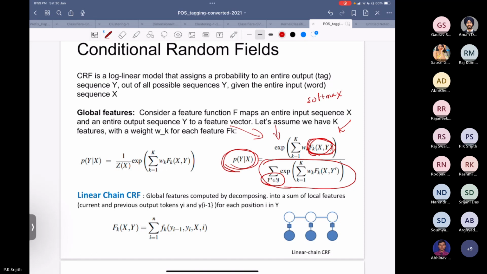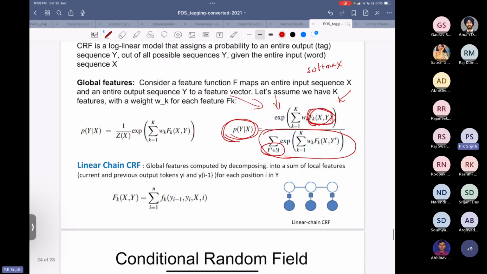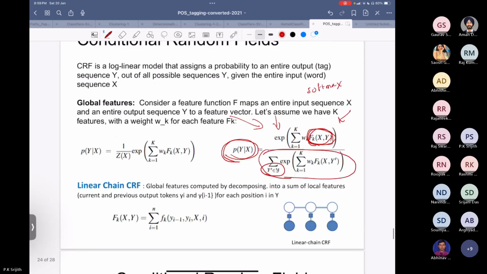One of the ways you can make this tractable is by considering features of this form, where it considers features over consecutive pairs of labels y_{i-1}, y_i and the input x.